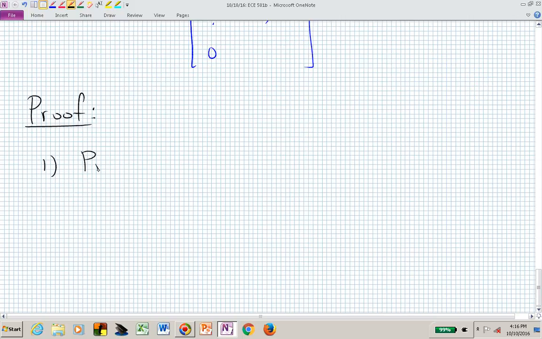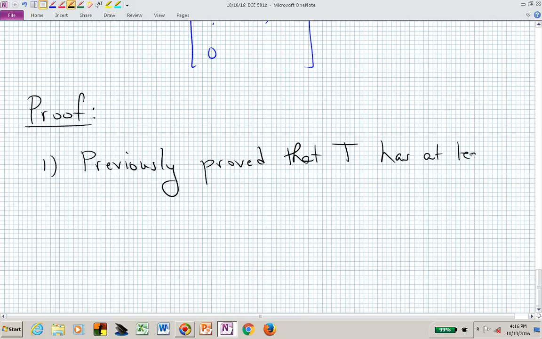One is that previously we proved that this linear map, and in our case a linear operator, has at least one eigenvalue lambda, and I think that's what we finished our last lecture discussing or showing.